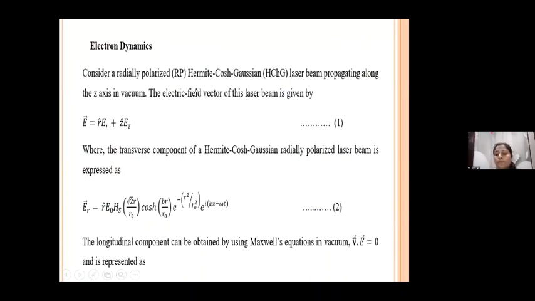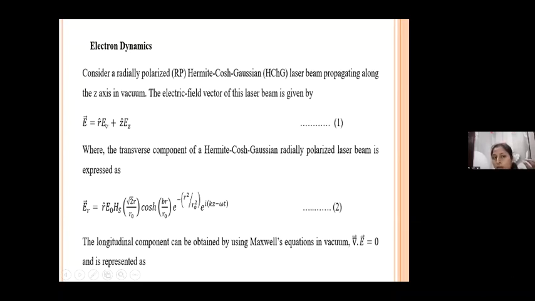So this work is a theoretical work here. I have solved the numerical equations, then I have normalized the things, then we have done the simulations. We can understand this equation number 1.